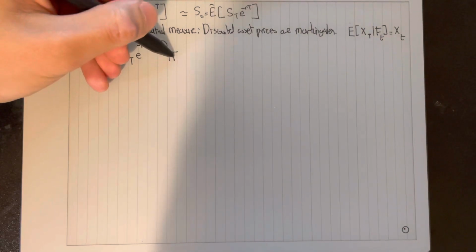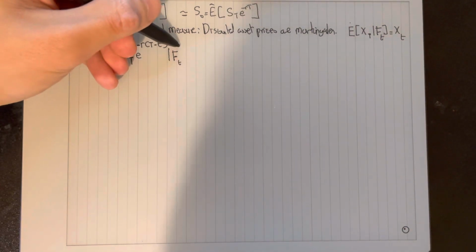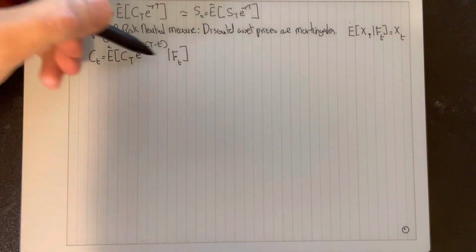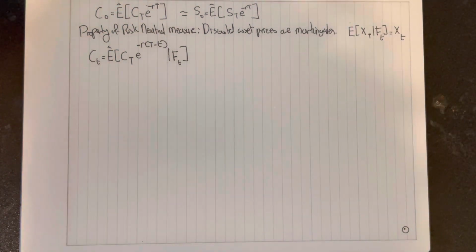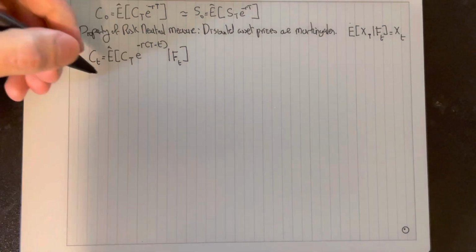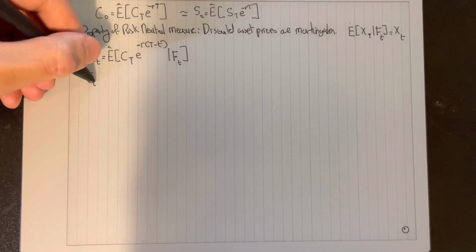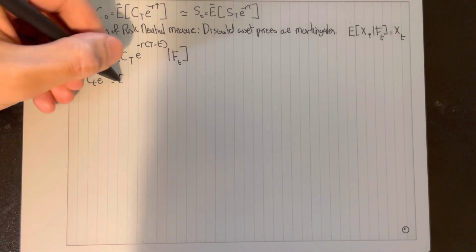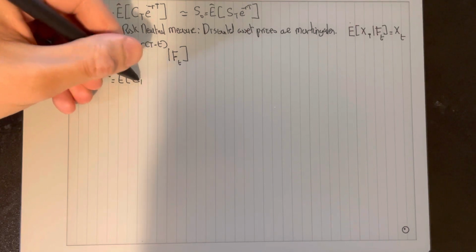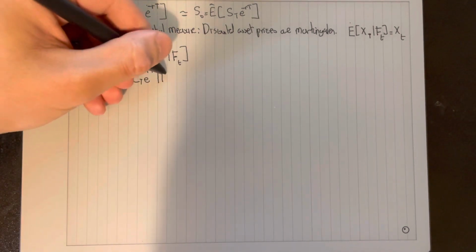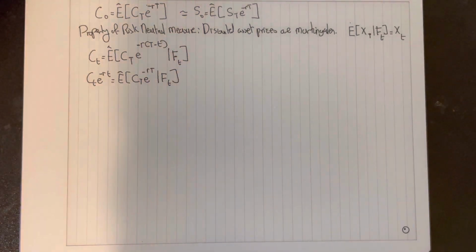And we have a filtration, which basically states that we have all the information up to time little t, because we are at time little t. So next we just need to simply multiply both sides of the equation by e to the power of negative rt, which eventually leads us to this equation over here.